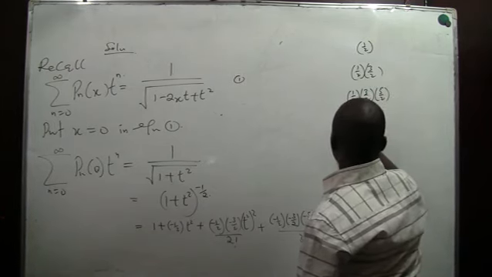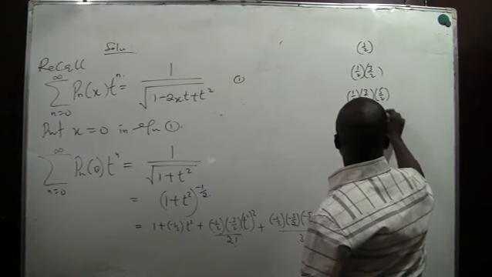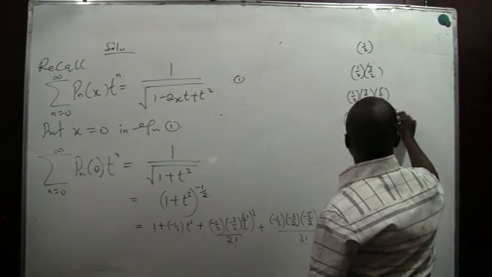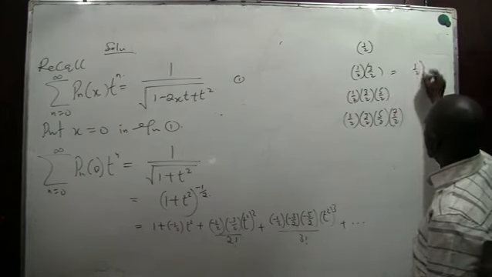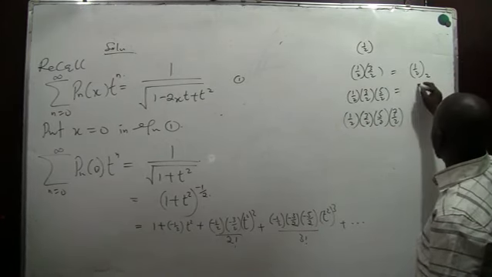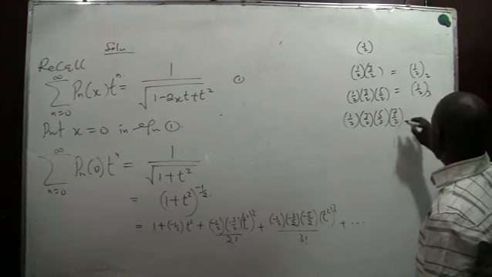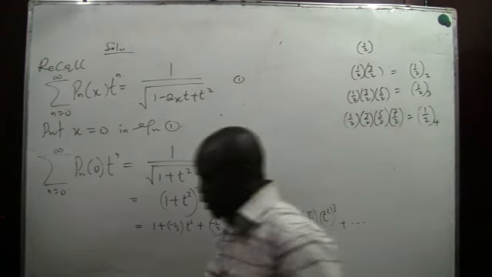The next one will have been half, 3 over 2, 5 over 2, 7 over 2. This will have been half sub 2, that's a factorial function, half sub 3, and this is half sub 4. Okay? There's a general term already.